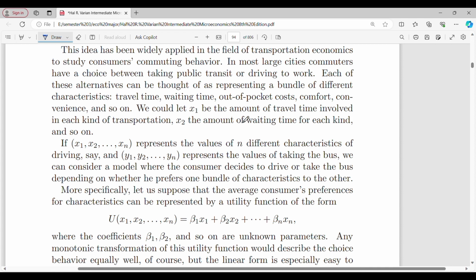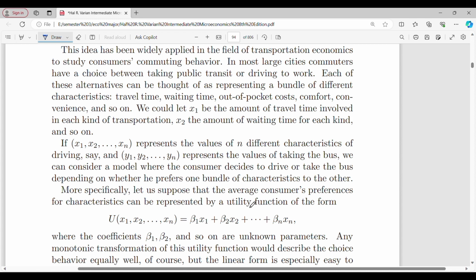We could let x1 be the amount of travel time involved in each kind of transportation, x2 the amount of waiting time for each kind of transportation, and so on. So x1, x2 goes on until xn, it represents the values of n different characteristics of driving, and the same with y representing the values of taking the bus.